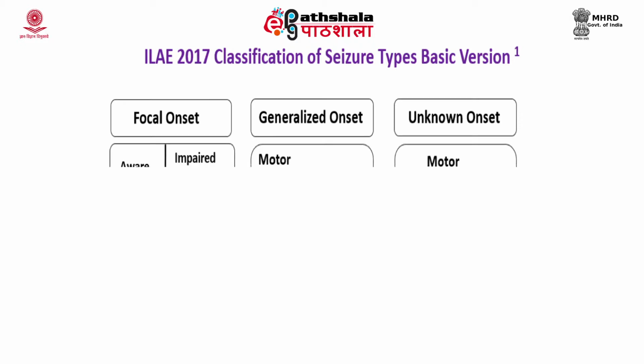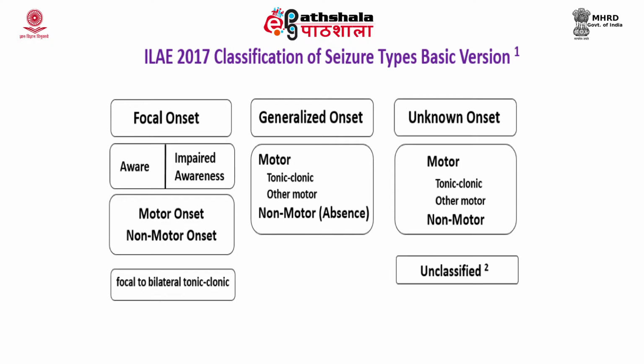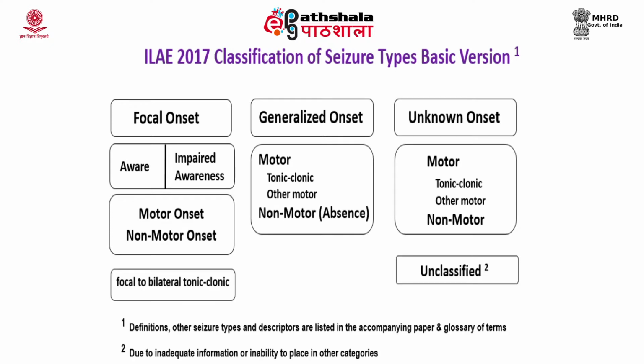Amongst that also there are variations, like in the focal onset, there might be a loss of awareness or the patient may be totally aware. There may be motor areas which are affected, in another case the non-motor areas which are affected.